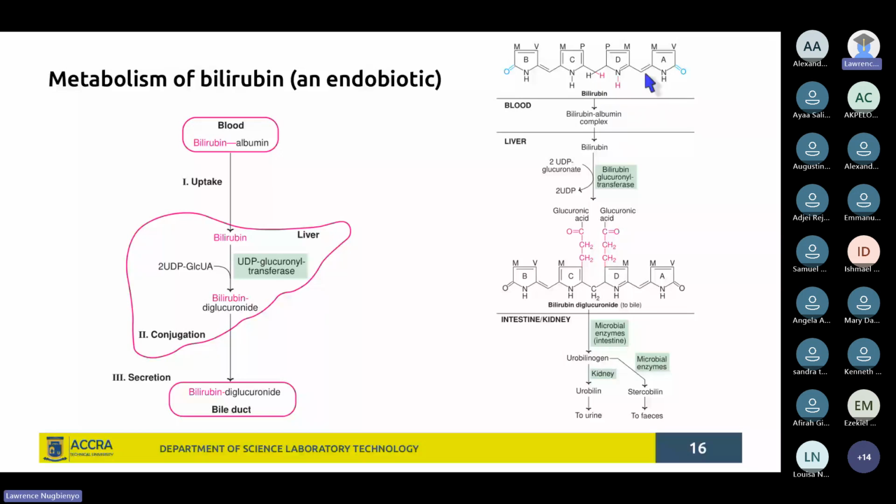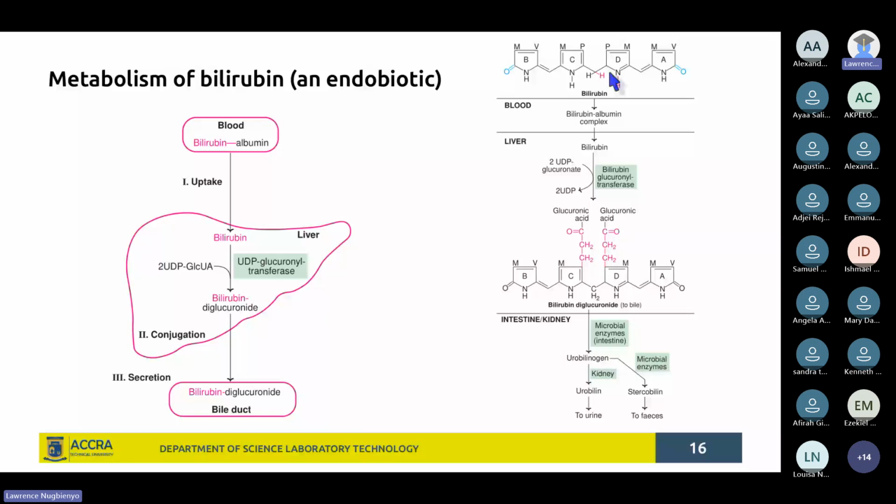On the right-hand side, you see that is the structure of bilirubin. It's just the ring structure of hemoglobin when it gets broken down into a straight chain structure with some oxidation at the sides with those blue oxygens there, and even some reduction with those red hydrogens on there.